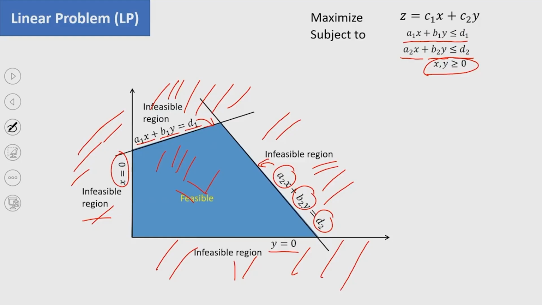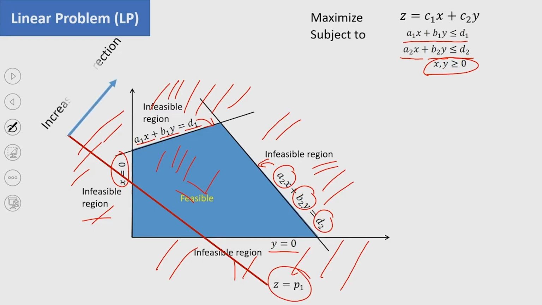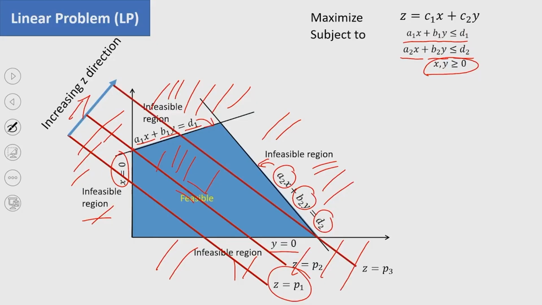Now, if I take any value of z, suppose z equal to p1, and I draw this particular line, I get z equal to p1. If I increase the z value, this is the increasing direction, then this may be one line and I may get this solution. This is one solution you may get, or there may be other solutions also.